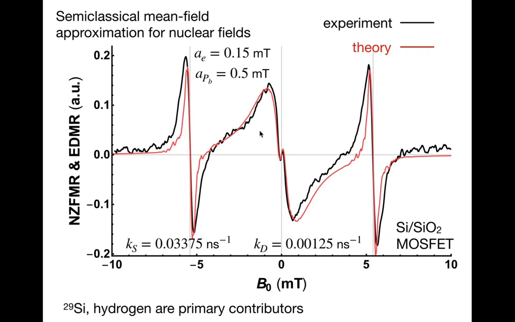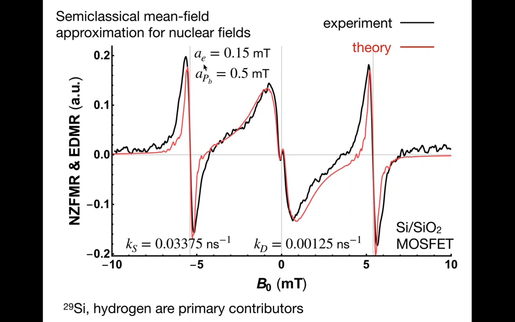So here are results of the experiment in black and theory in red. And here's what we're getting out of the model. We get out values for the hyperfine interactions. Now these are sort of mean field hyperfine interactions.